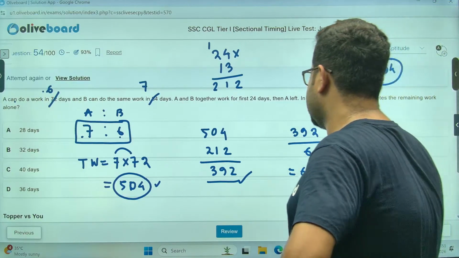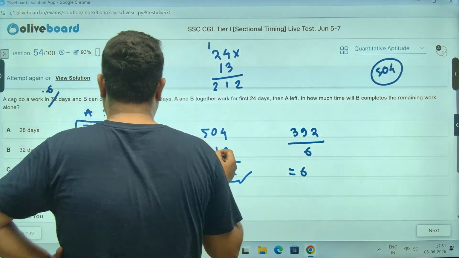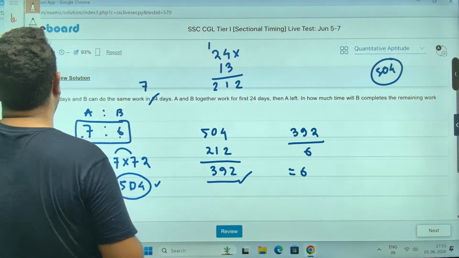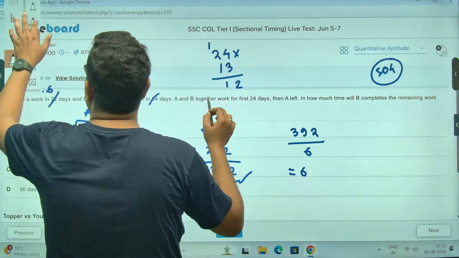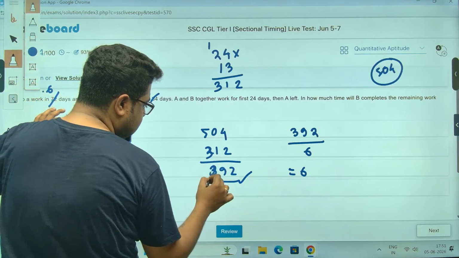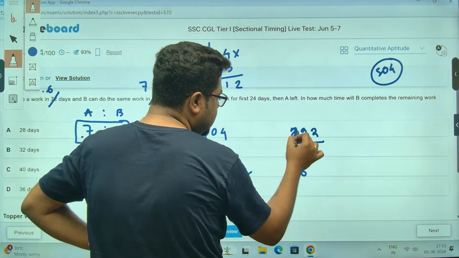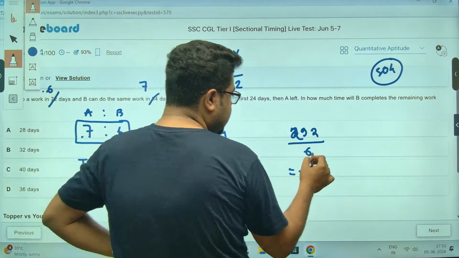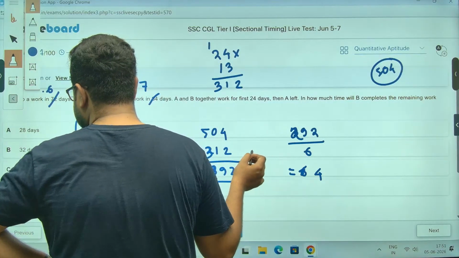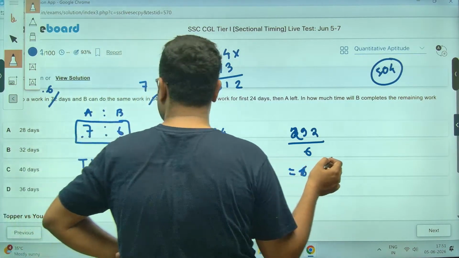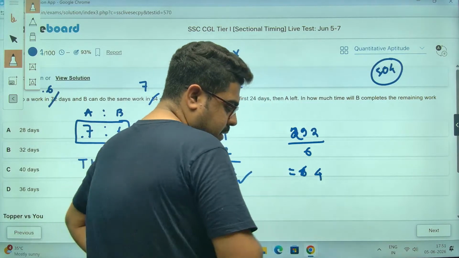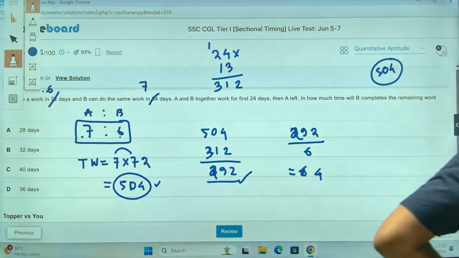They will complete how much? 212. My mistake, this one was carry, 312. So sorry, this is 292. So six fours are this, just less than 50 days. Something is not right here.